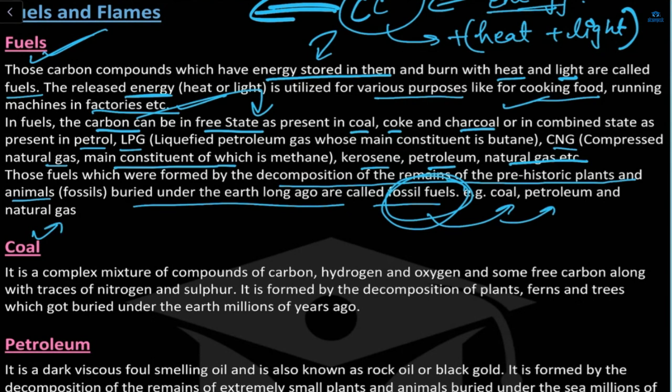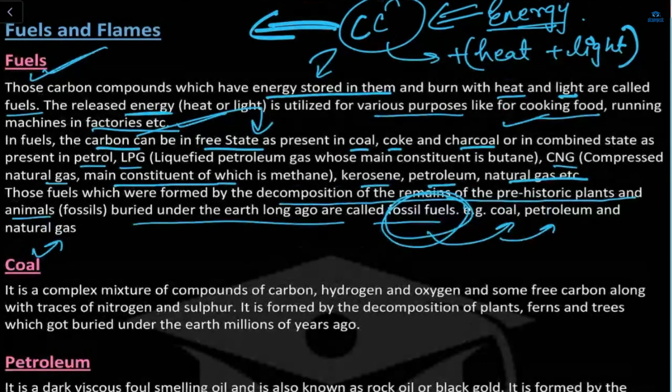So, fuels and fossil fuels. Fuels are carbon compounds that have a lot of energy stored in them, and they burn with the help of heat and light, and the released energy is used for various purposes. And what is a fossil fuel? The decomposition of plants and animals buried under the earth.